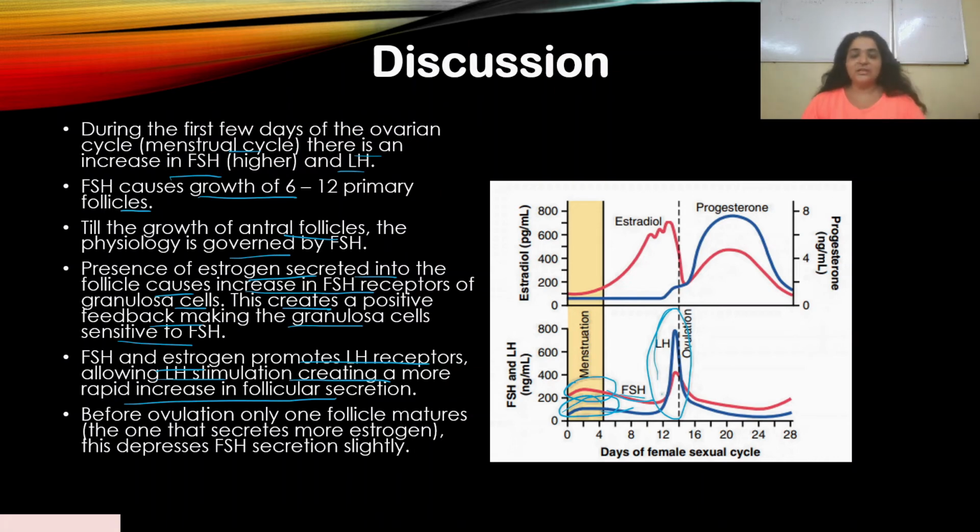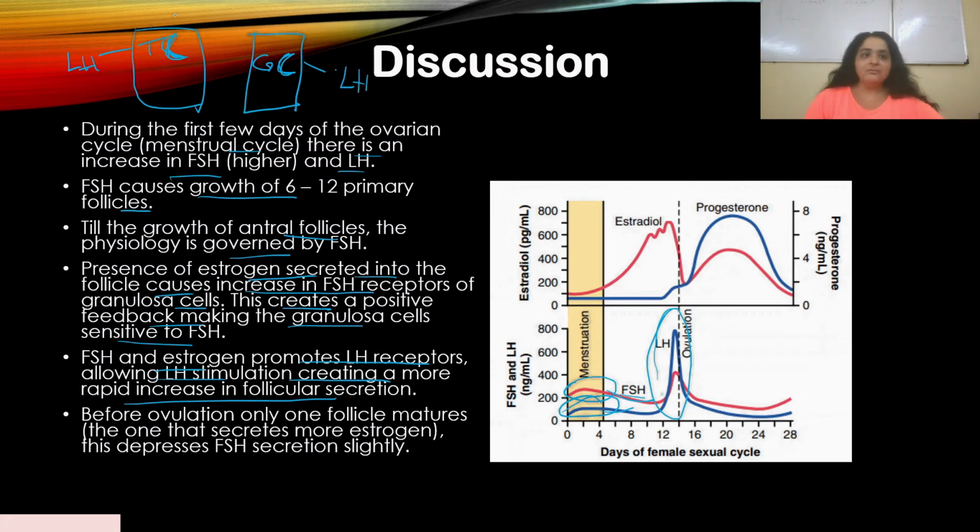LH hormone is very important in the formation of estrogen. I think I've already explained this in the endocrine system: you have the theca cells, TC, I'll just call it TC, and you have the granulosa cells, right? So LH has an effect on both these cells, theca cells and granulosa cells. So let's say LH binds over here, and on the granulosa cells, LH binds over here.